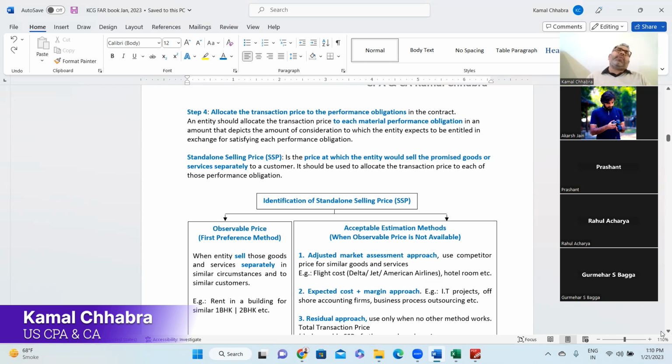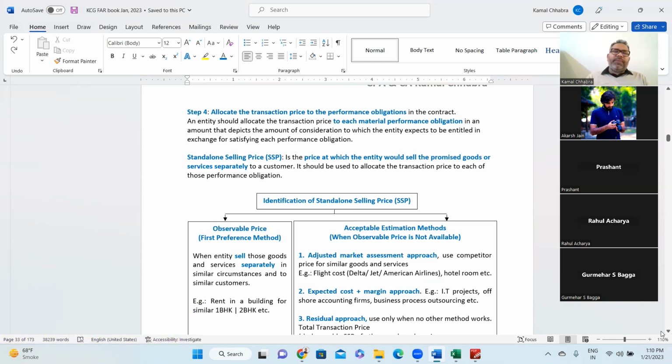And you want to fix the price for a flight from San Francisco to, let's say, Los Angeles. How do you fix the price? How do you identify the price? And what do you feel should be the right price of your flight from San Francisco to Los Angeles?